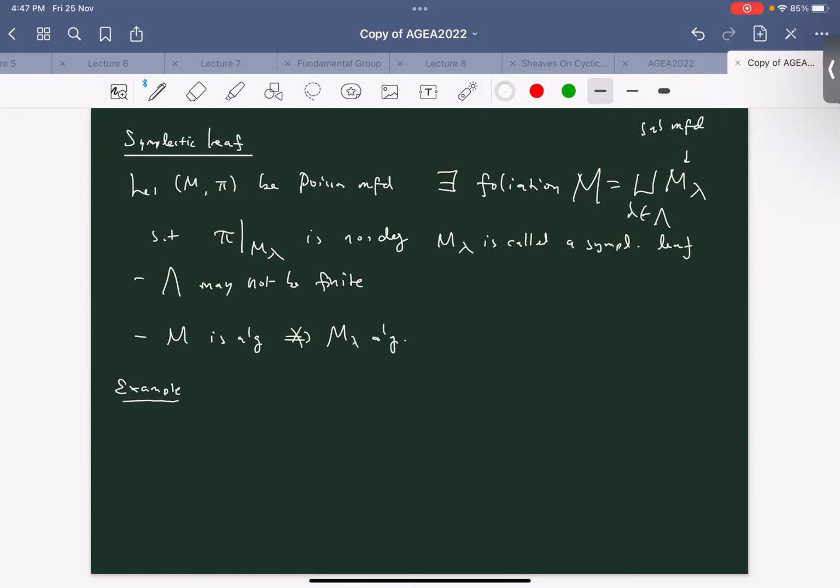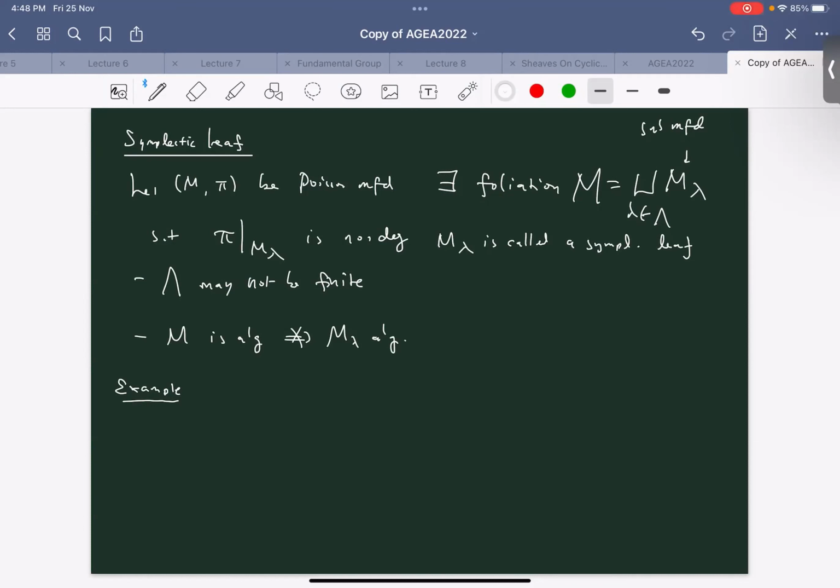If M is symplectic to start with, then there is only one stratum. There are some technical assumptions about connectedness, but let me ignore that in this talk. Usually you need to take the connected component to be a symplectic leaf. But if M is connected and symplectic, then there is only one stratum.